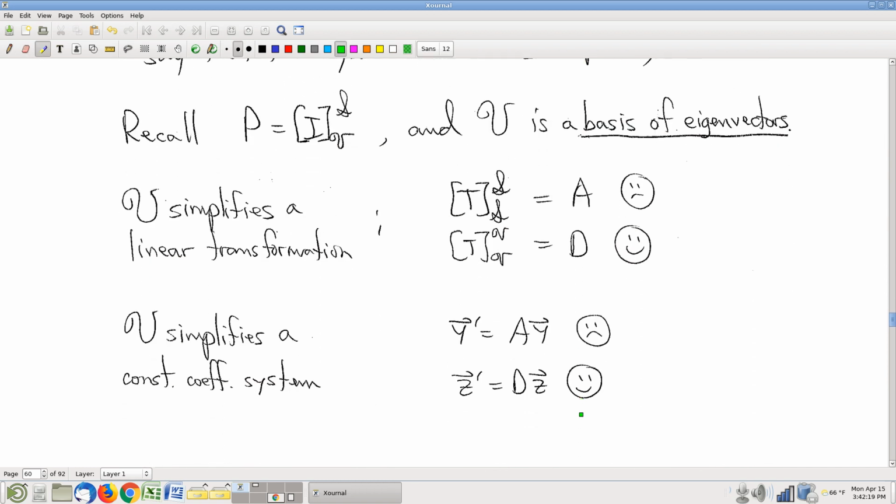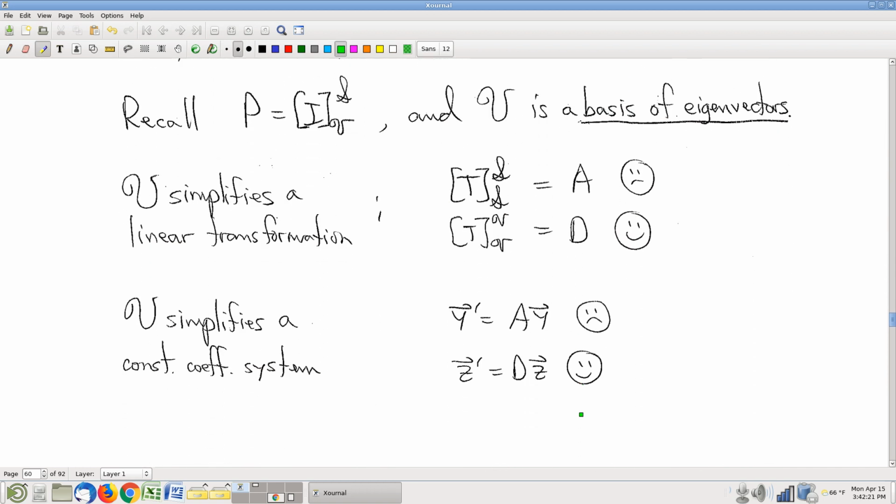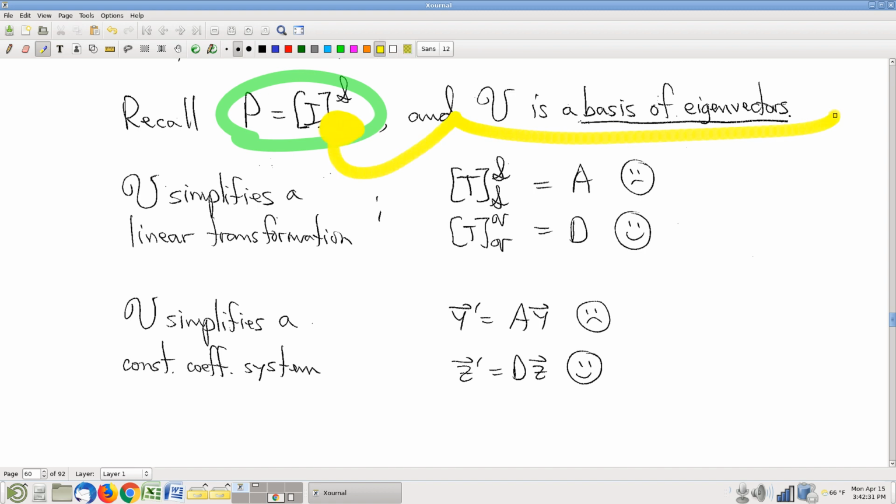Couple of quick observations. Don't forget this matrix that we used for our substitution. That's our change of basis matrix. More specifically, the basis is the diagonalizing basis. It's the basis of eigenvectors. Right?